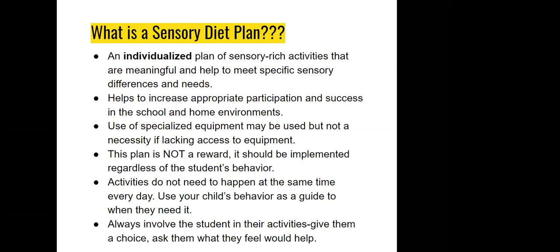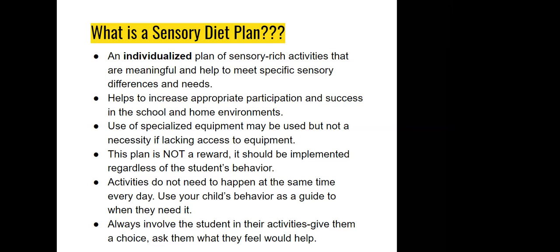There are ways to go around that and still meet sensory needs for kids. And it's not a reward. It should be implemented regardless of the student's behavior. It should not be taken away if the student is not having a good day. This is a very much needed plan that needs to be incorporated into their day.